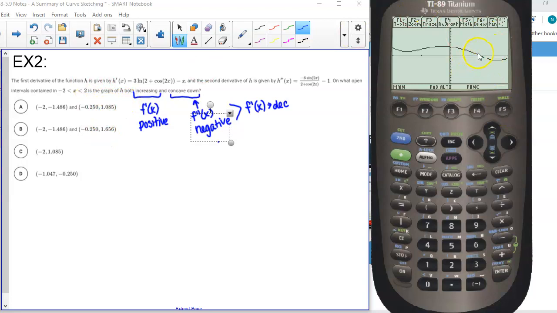So I need to find this 0 right here. And when we find that, I think it's going to be the 1.08. Yeah, 1.085. So A would be the correct answer there. You could look at that second derivative, but it's just a little bit faster if you look at that first derivative.